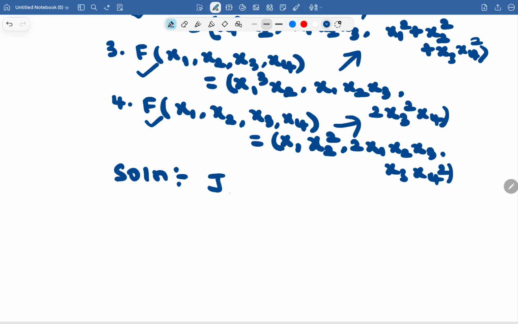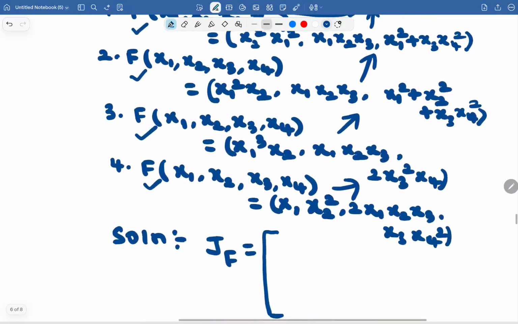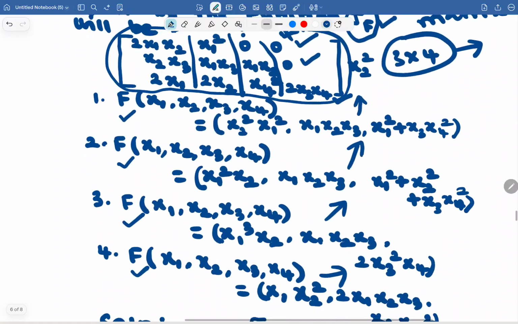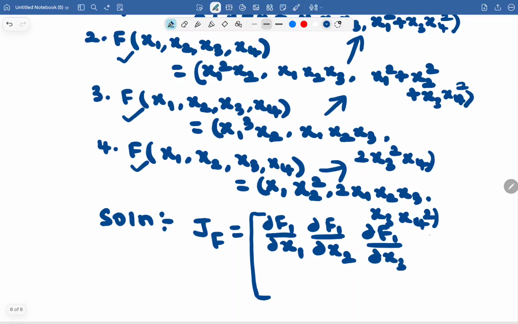Solution: Jf is nothing but the Jacobian matrix, since it is 3 cross 4. First row should be dou f1 by dou x1, dou f1 by dou x2, dou f1 by dou x3, dou f1 by dou x4.